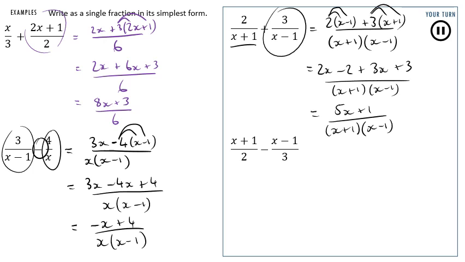Second example, we had x plus 1 all divided by 2, take away x minus 1 all divided by 3. We're looking for the lowest common multiple of our denominators here, which will be 6. So multiply this first fraction by 3, second fraction by 2.